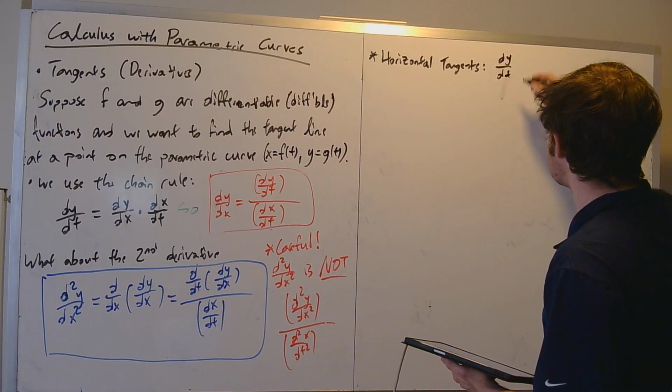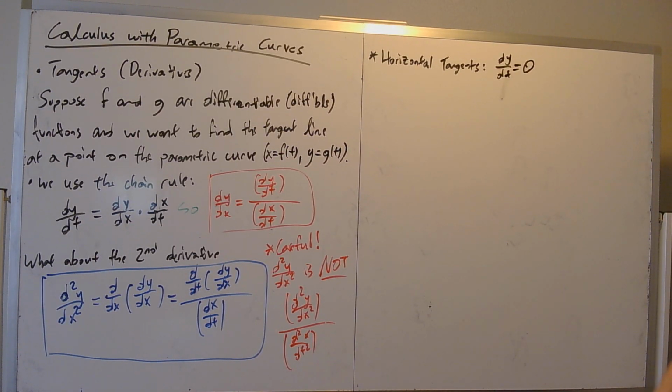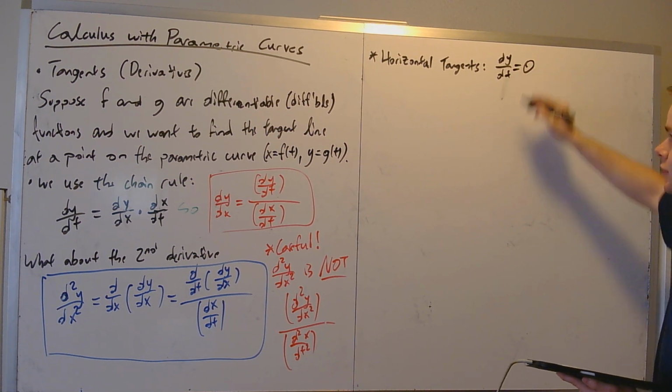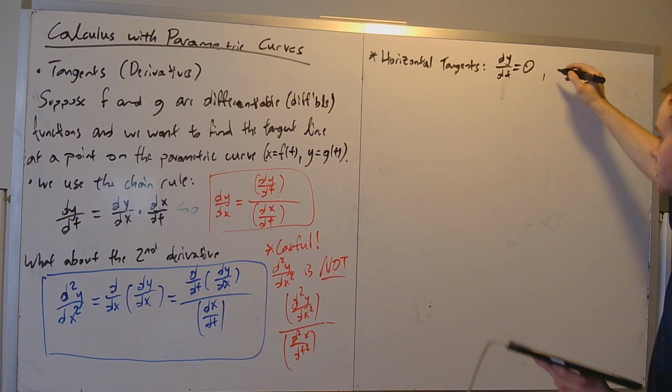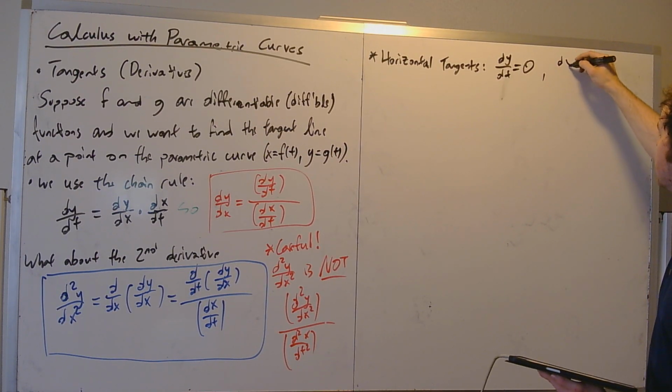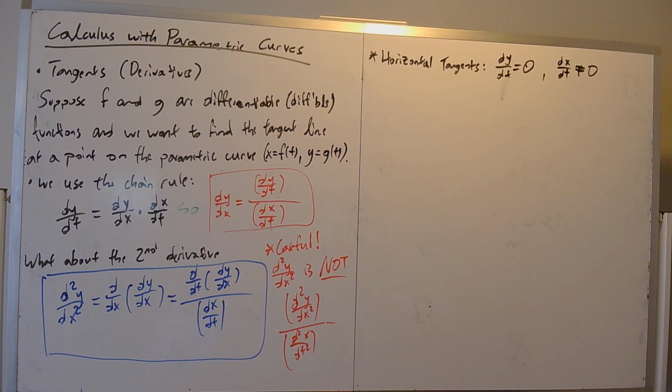So the derivative of y with respect to t needs to be 0 if the tangent line is horizontal. But we know that here the derivative of x with respect to t is non-zero, right? So you just have to think for a little bit.